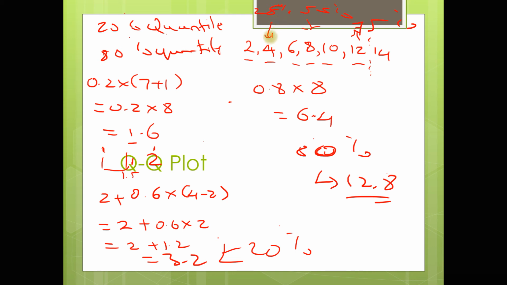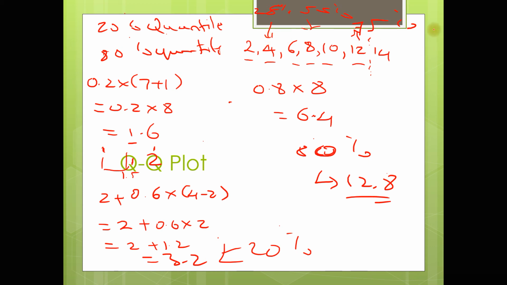If you think about it properly, we can relate that concept to probability by saying that there is a 25% probability that a value will lie less than or equal to 4. That's what we mean.